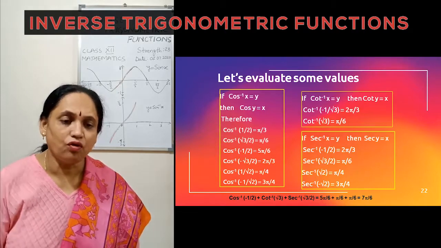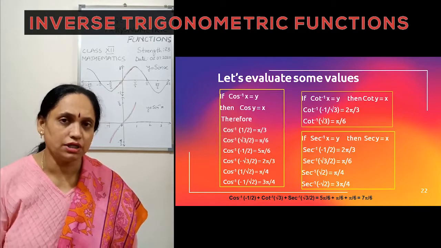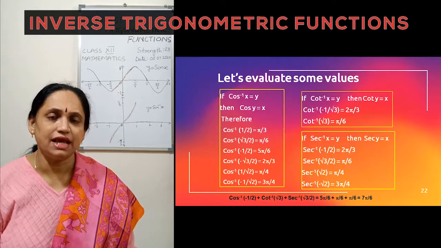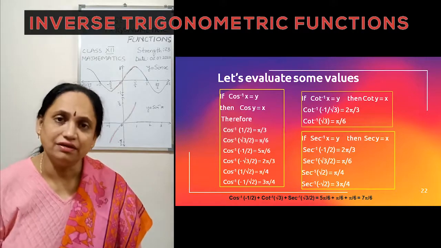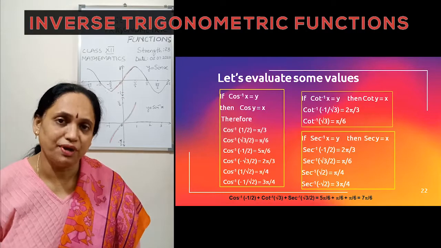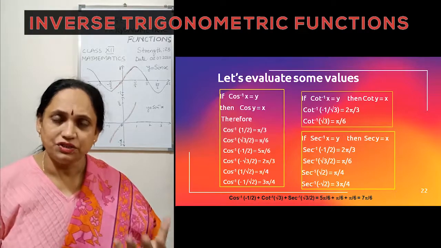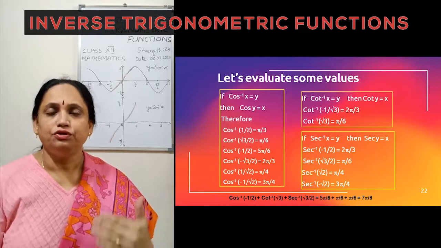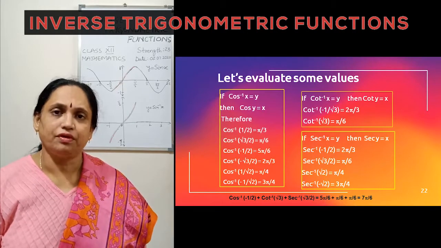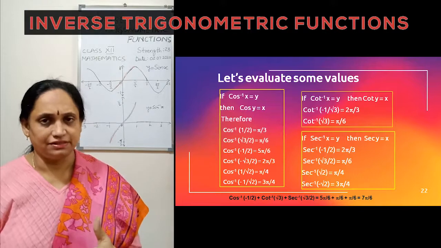And cot, cos and secant, CCS, are having the principal value branch as 0 to pi. In sine, tan and cosecant, you use positive angle and negative angle.